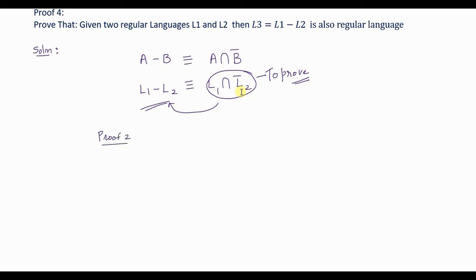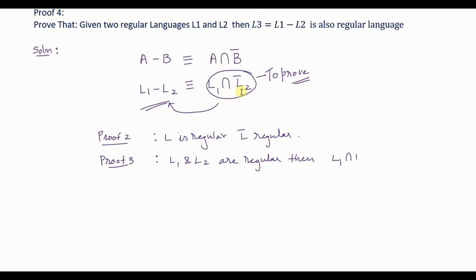Okay, proof number 2 tells that if L is regular, then L bar is also regular. And the proof number 3 that we have seen just before this particular proof tells you that if L1 and L2 are regular, then L1 intersection L2 is also regular.